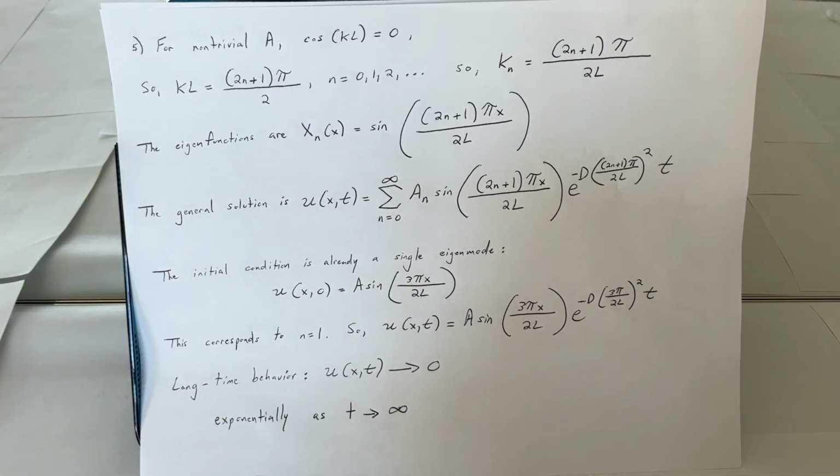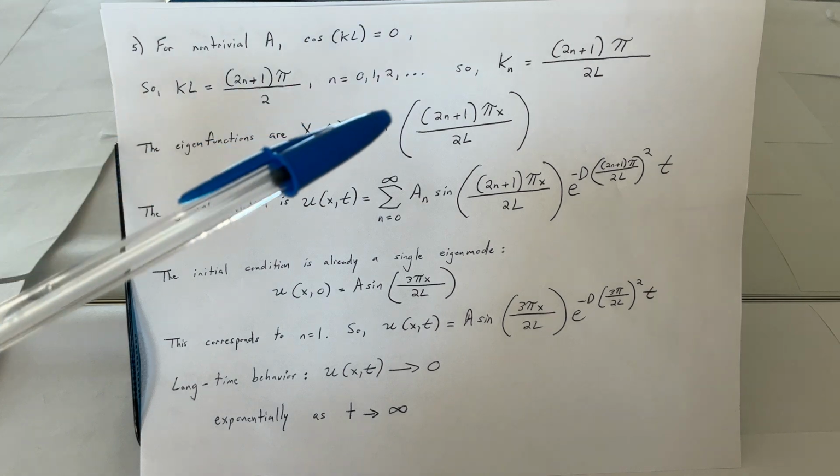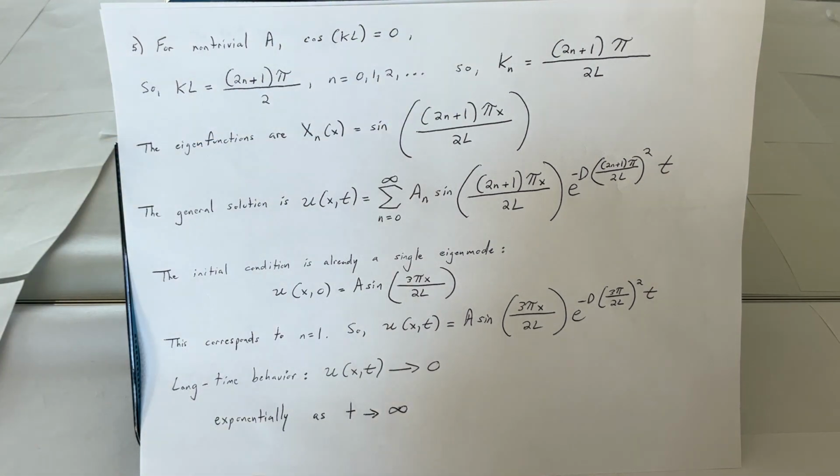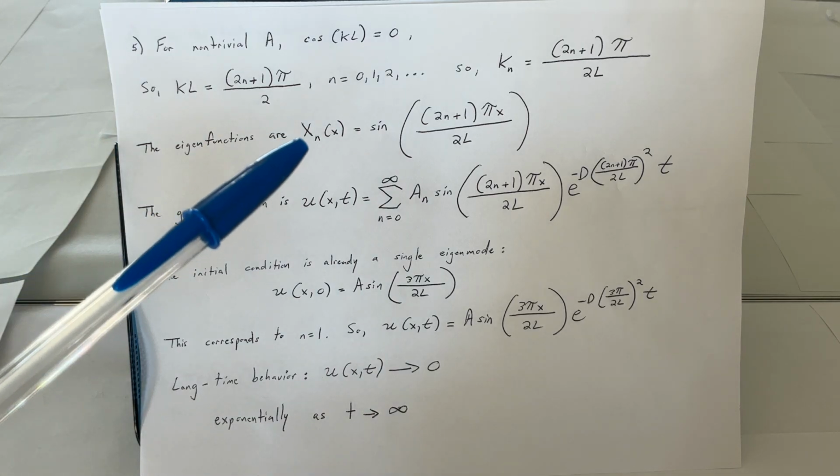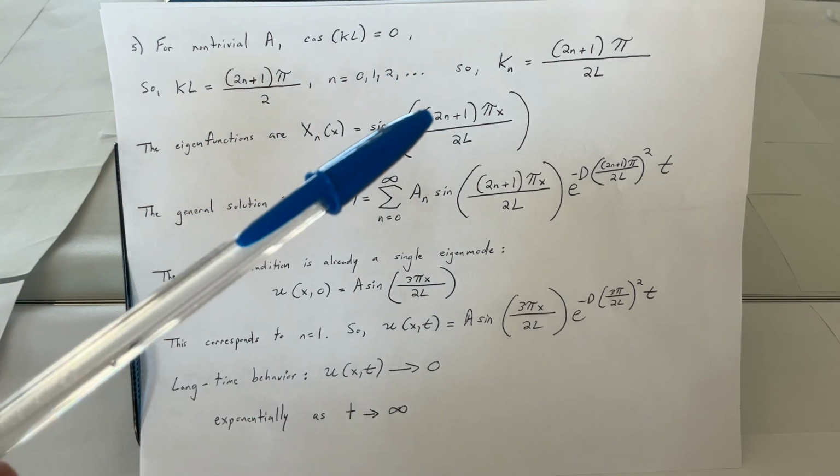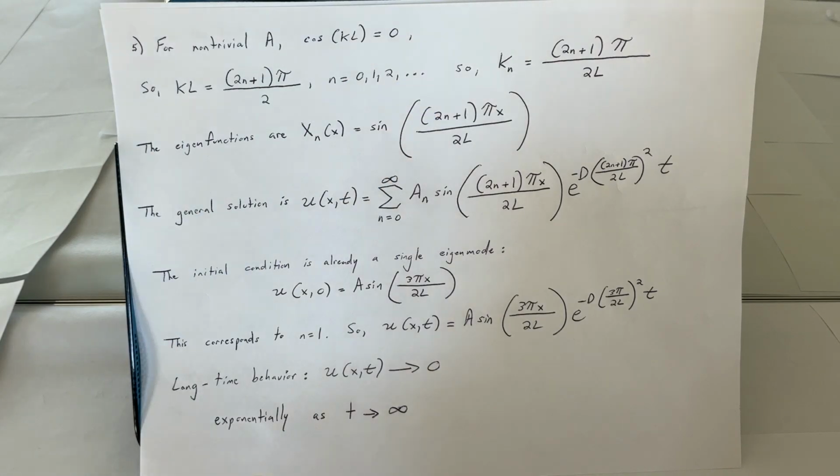So kL = (2n+1)π/2, n = 0, 1, 2, and so on. So k_n = (2n+1)π/2L. The eigenfunctions are X_n(x) = sin((2n+1)πx/2L).